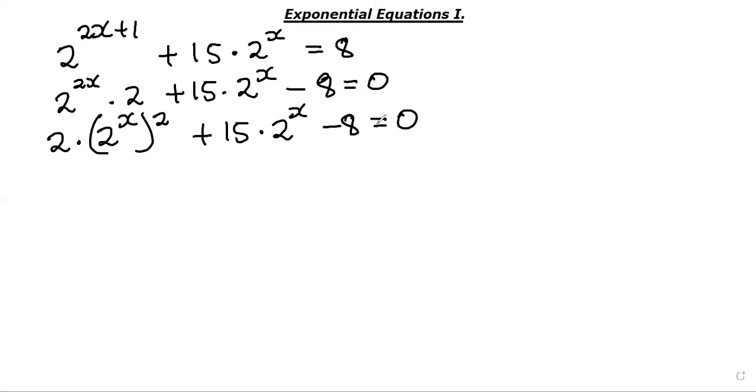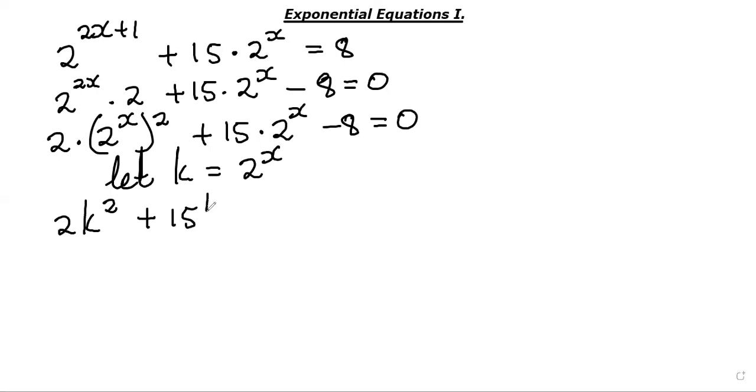But in order for us to take it to the form we know, we have to use the K substitution method once again. So let's allow K to be 2 to the x. So this means where I see 2 to the x, I actually see K. So you'll have 15K, and then you say minus 8.